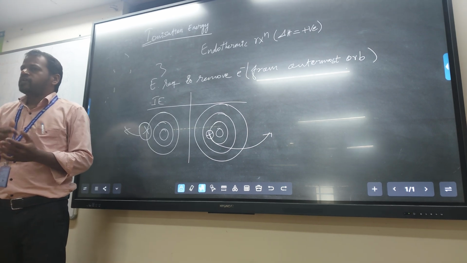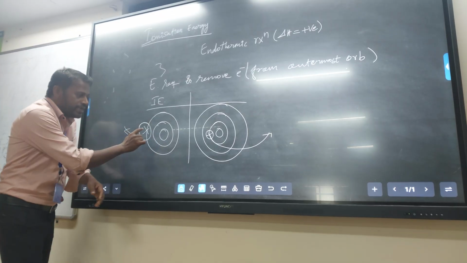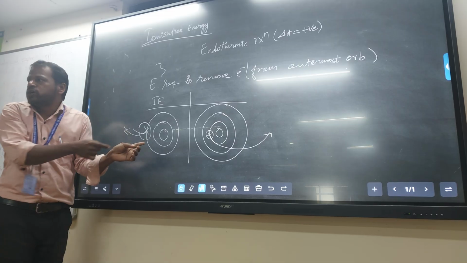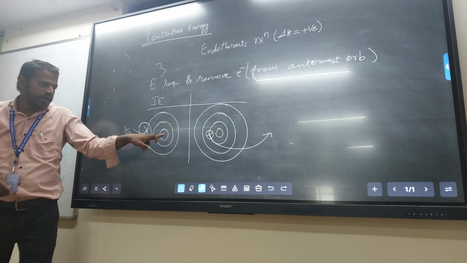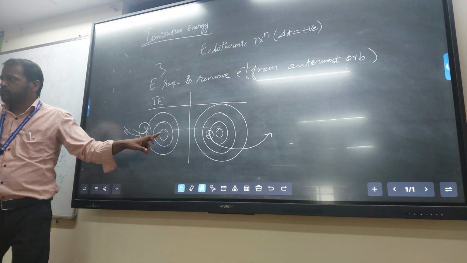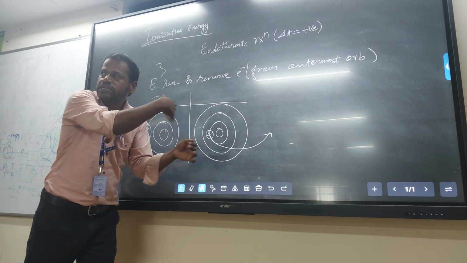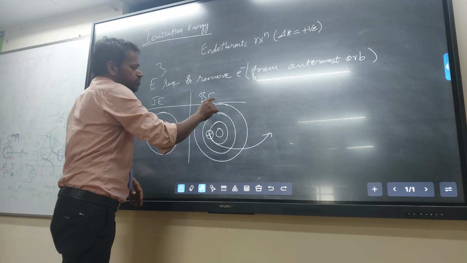Here the electrons are completely bound to the nucleus because all the electrons are covered. Therefore this is the binding energy.